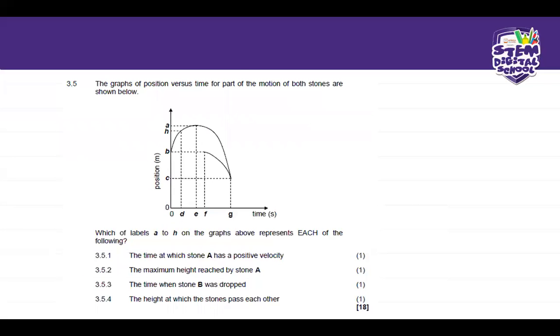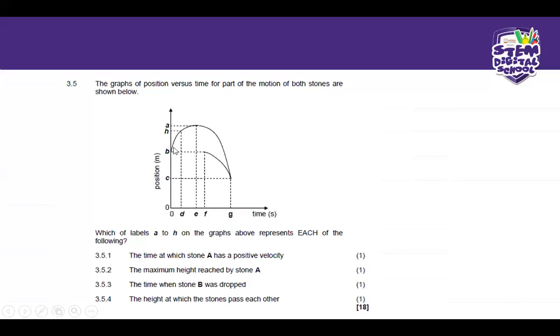Now we move on to the graph of position versus time for part of the motion of both stones, shown below. Which of the labels A to H on the graph above represents each of the following? For 3.5.1, they want to know the time at which stone A has a positive velocity.